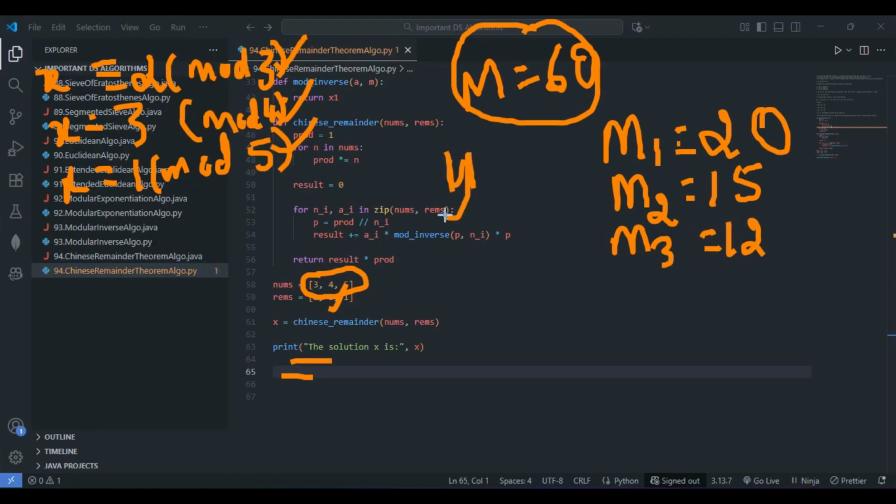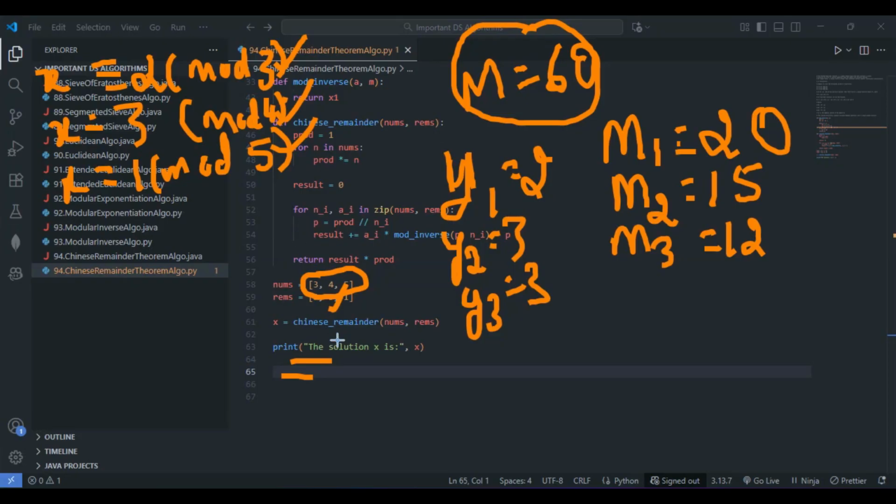Y1 becomes 2, y2 becomes 3, and y3 becomes 3 as well. Y1 is 2 because 20 into 2 is nothing but 1 mod 3. Y2 is 3 because 15 into 3 is nothing but 1 mod 4. Y3 is 3 because 12 into 3 is nothing but 1 mod 5. So M1 is 20, M2 is 15, M3 is 12, and Y1, Y2, Y3 are 2, 3, and 3 respectively.